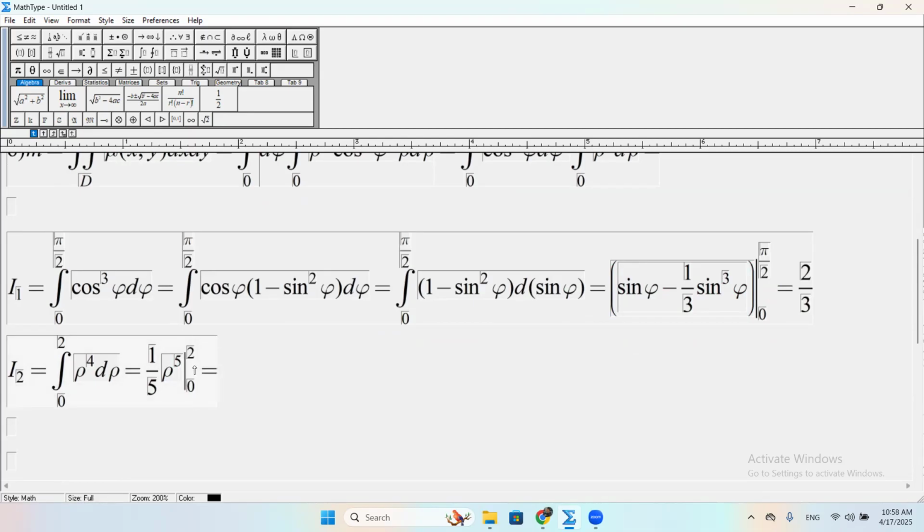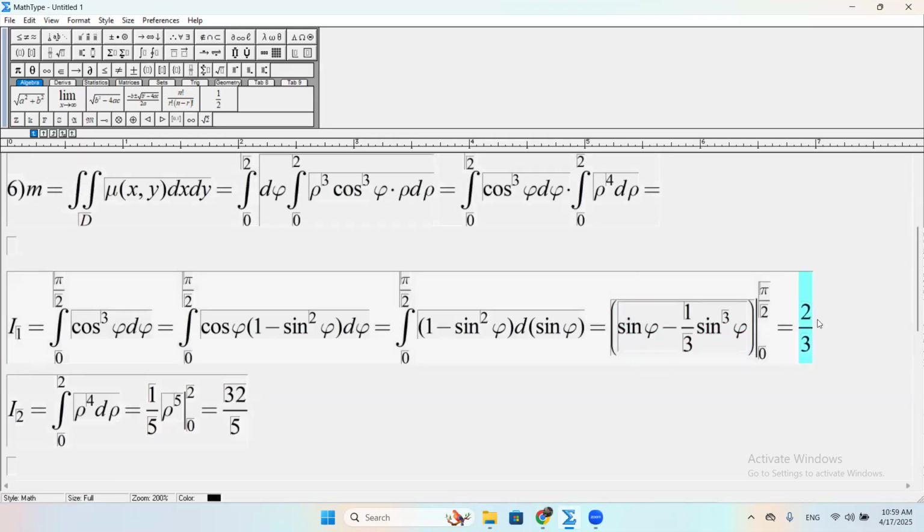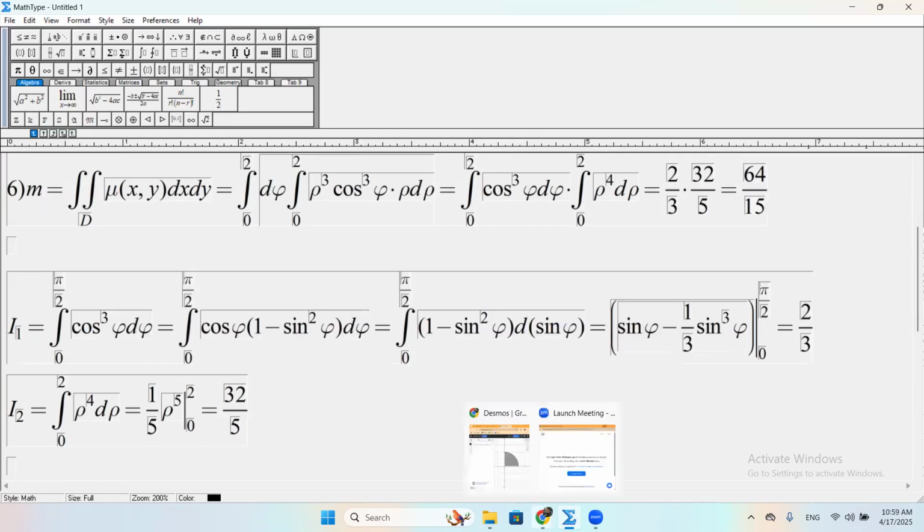So it is equal to 32 over 5. So the final result is 2 over 3 multiplied by 32 over 5, and it equals 64 over 15. And that's it.